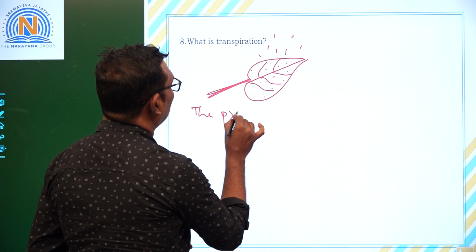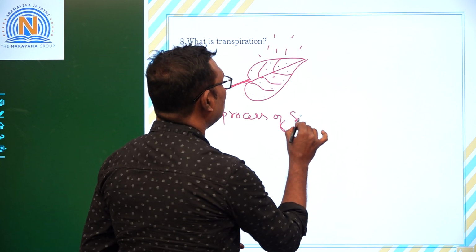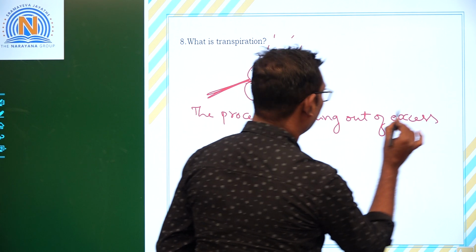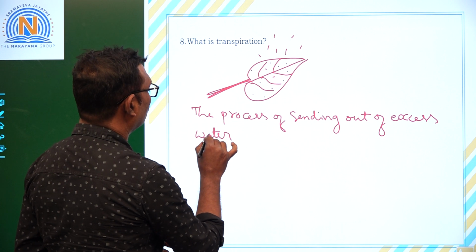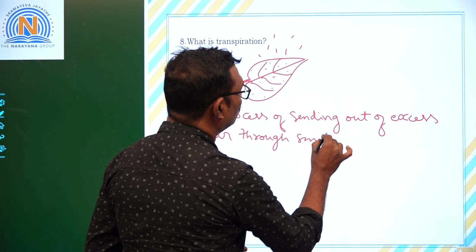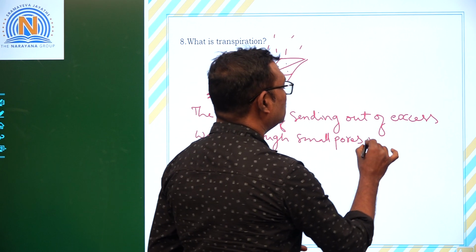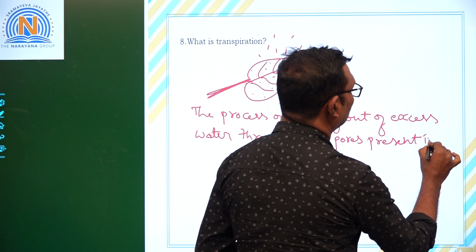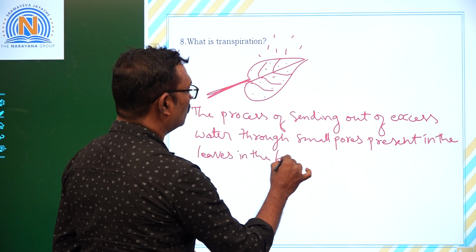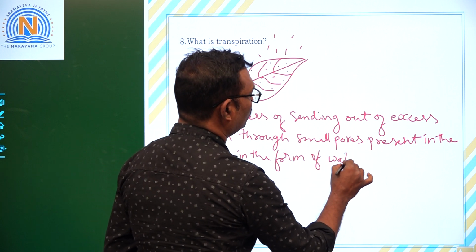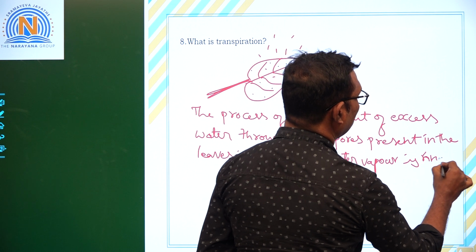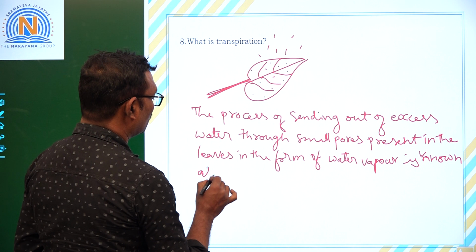What is transpiration? The process of sending out excess water through small pores present in the leaves in the form of water vapor is known as transpiration.